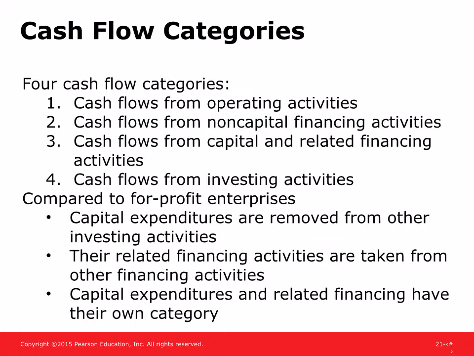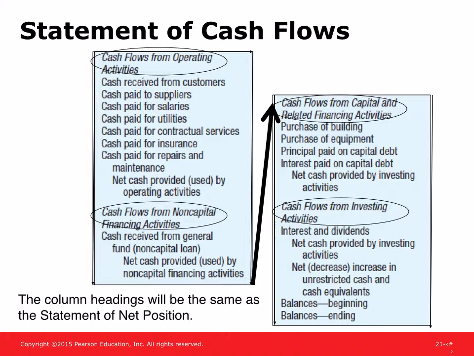You've got capital expenditures removed from other investing activities. Their related financing activities are taken from other financing activities, and capital expenditures and related financing have their own categories here. And then other than that, very similar to a for-profit enterprise. So here you see just an example of what these column headings could look like and what would be included in them.